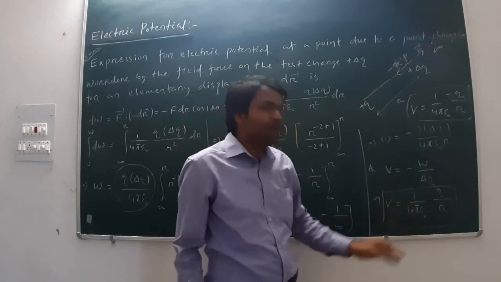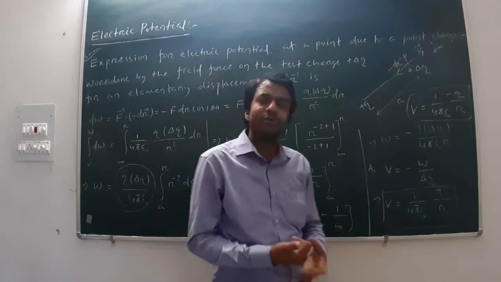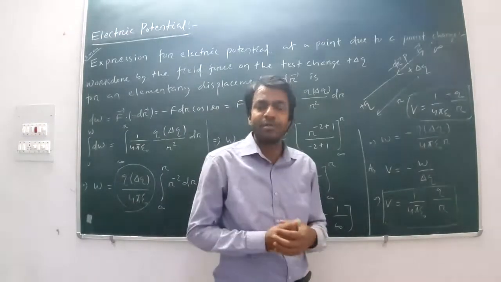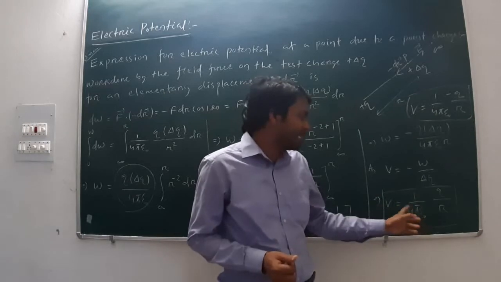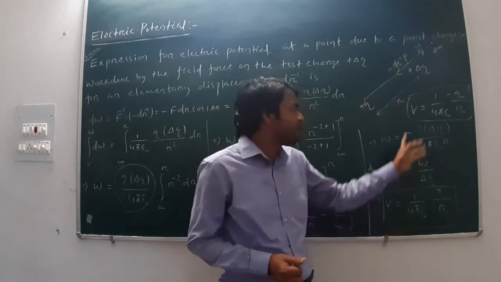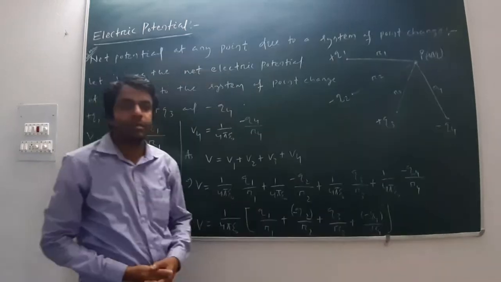Remember, work done can be negative or positive, therefore electric potential can also be negative or positive. When it is a positive point charge, the potential is positive; whenever it is a negative point charge, the potential is negative.